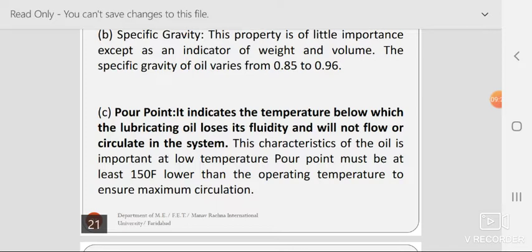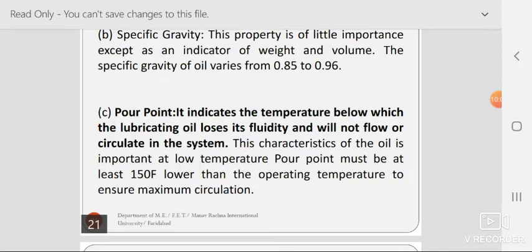In the sense, when oil loses its fluidity, there is more friction, and a lot of power goes into running the piston within the cylinder. The more power goes into running the piston within the cylinder, this works against the system. If a lot of power is consumed in running the piston within the cylinder, then what power will you be getting at the wheels? The wheel which is rotating, which the engine is giving as an output to the car.